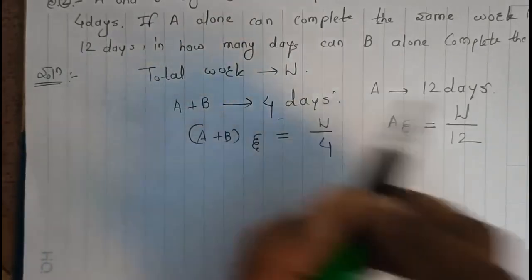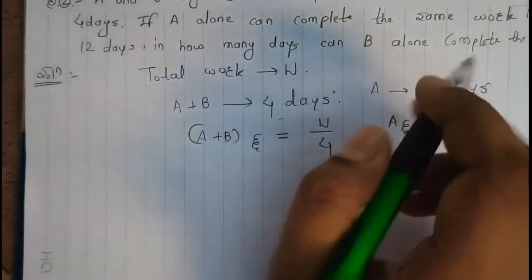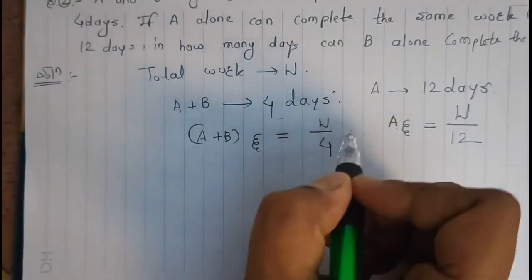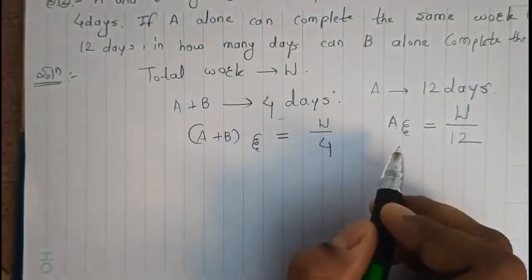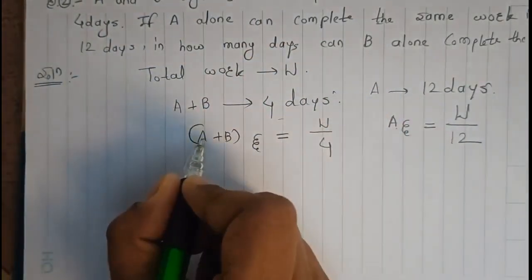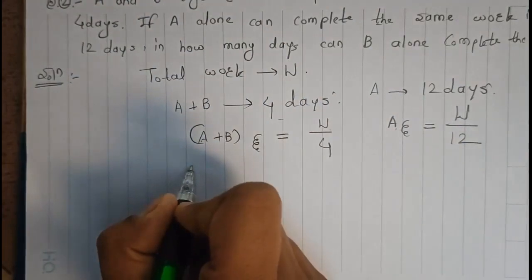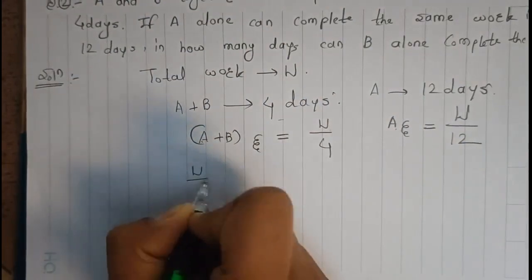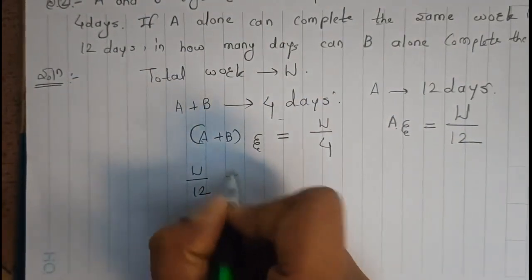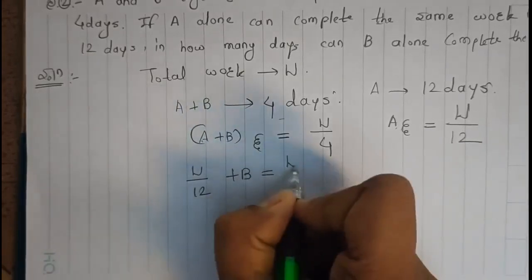You cannot deal with days while substituting inside this equation. That is completely wrong. You can do that with efficiency, right? So for A, you can substitute W by 12 here, plus B, would be equal to W by 4.